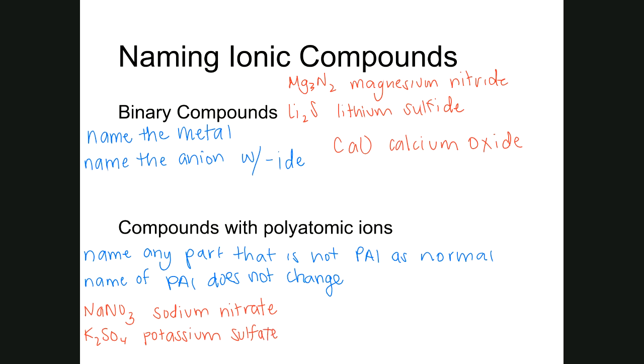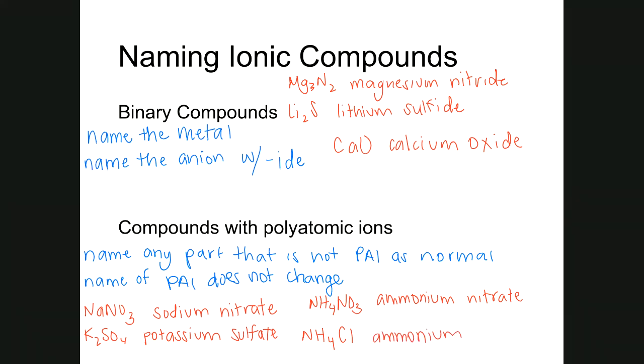We had a compound that contained 2 polyatomic ions. So that was NH4NO3. Since it's all polyatomic ions, none of their names change. So this is ammonium nitrate. And it's possible that our anion is not going to be the polyatomic ion. So we could have something like NH4Cl, where NH4 is the polyatomic ion, so that's named as ammonium.